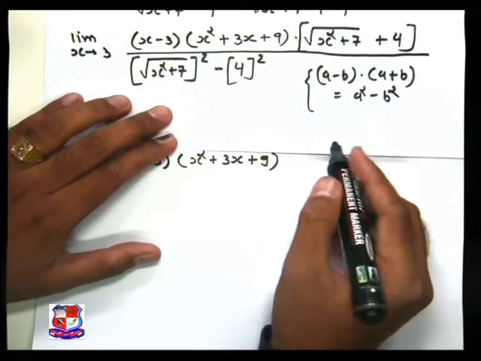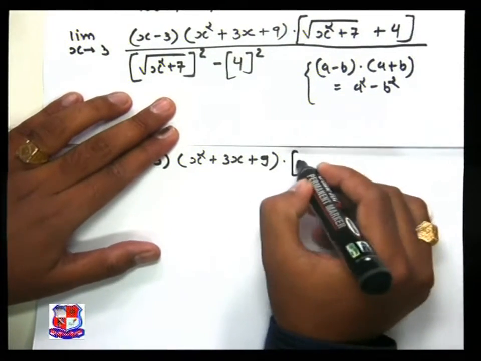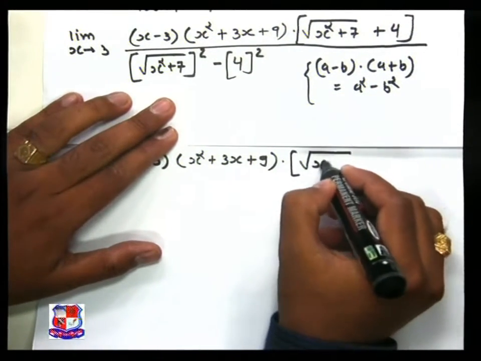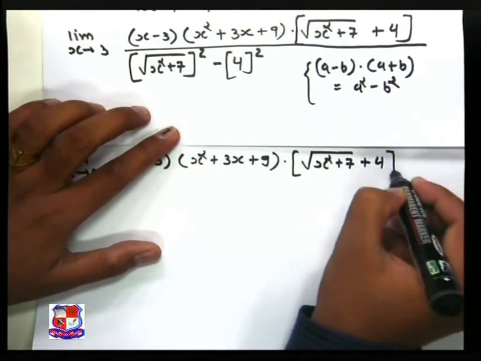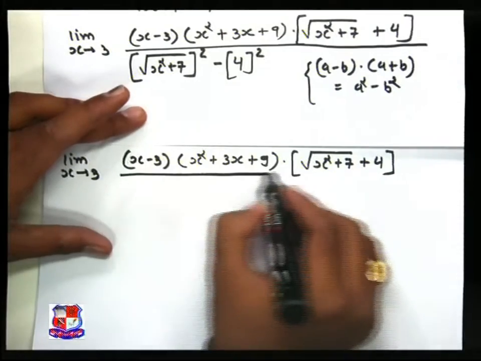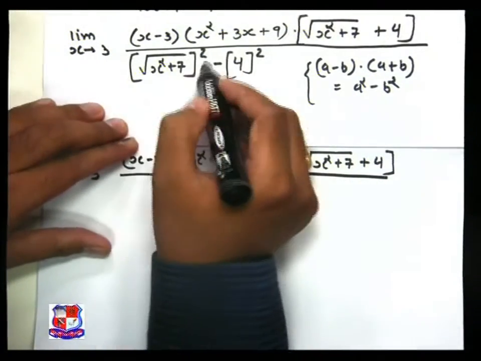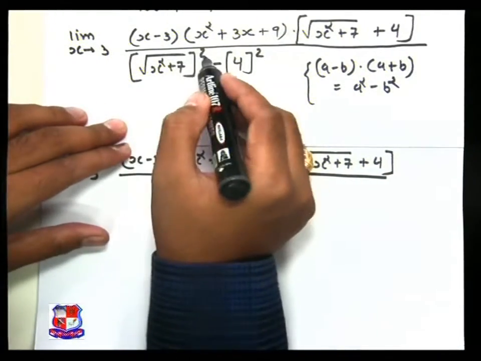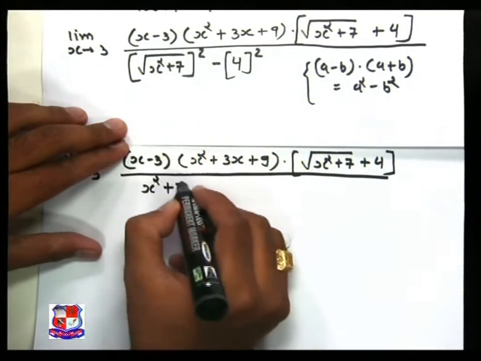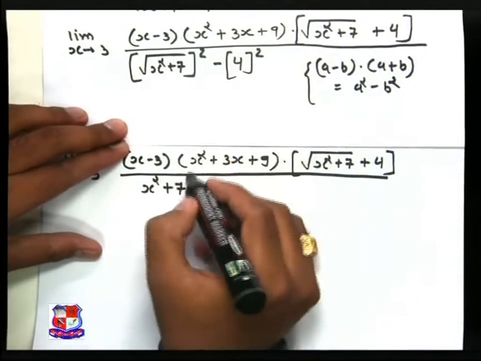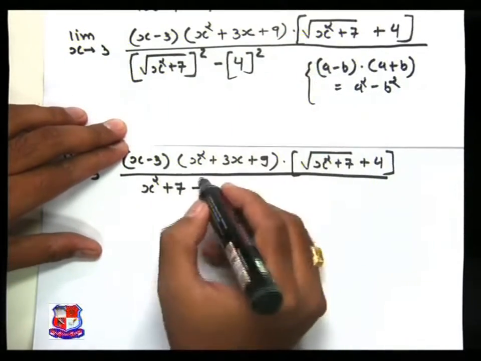This term we write here as it is, that is under root of x square plus 7 plus 4, and we want to simplify this term. So here under root and square both are cancelled out, so remaining term, that is x square plus 7, and minus sign as it is, and 4 square, that is 16.